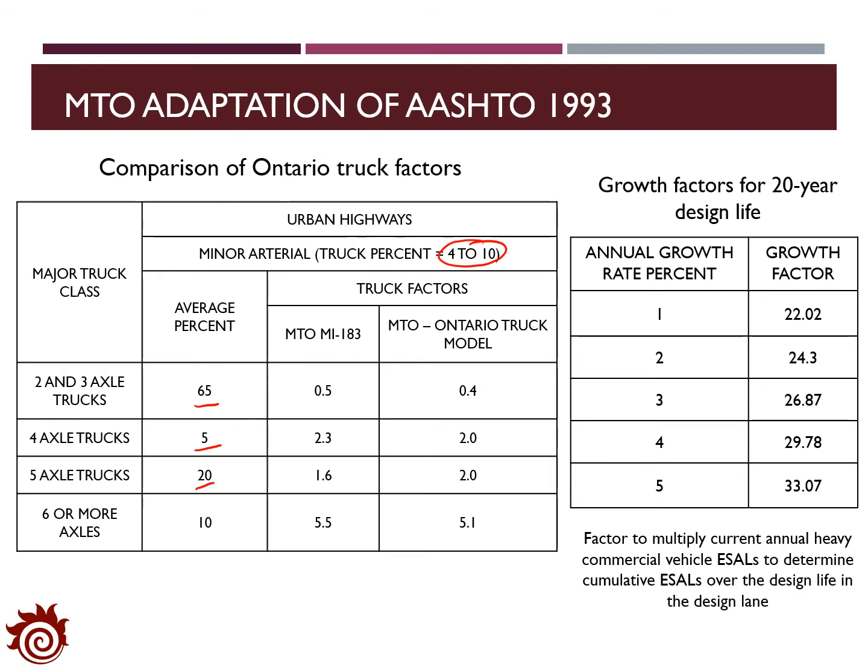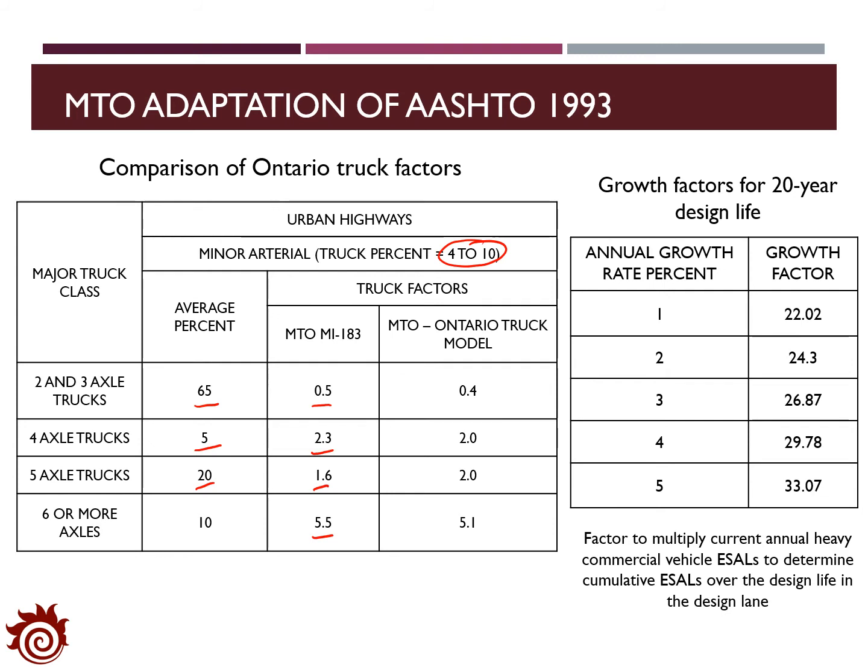In the previous page, we know that based on the MTO MI 183 method, the truck factor for 2 and 3 axle trucks is set as 0.5, and it's 2.3 for 4 axle trucks, 1.6 for 5 axle trucks, and 5.5 for 6 or more axle trucks.